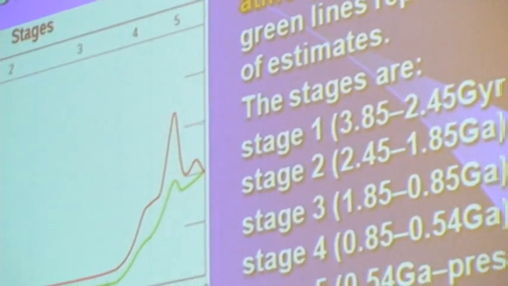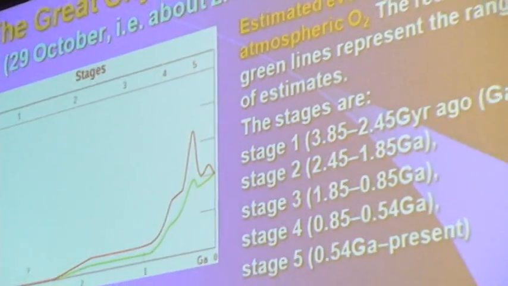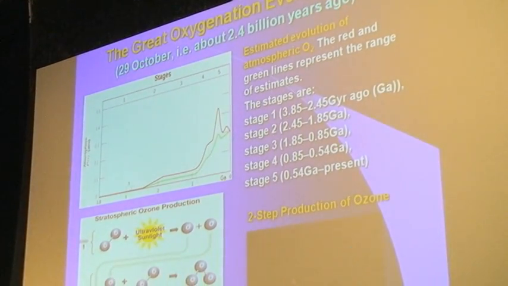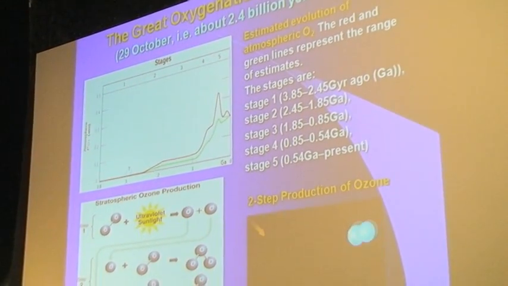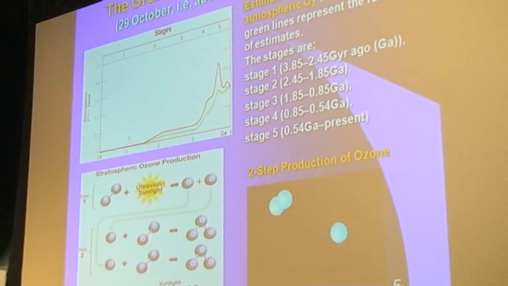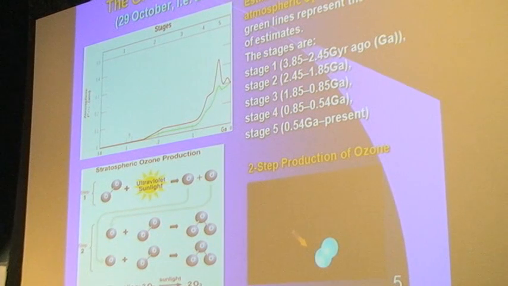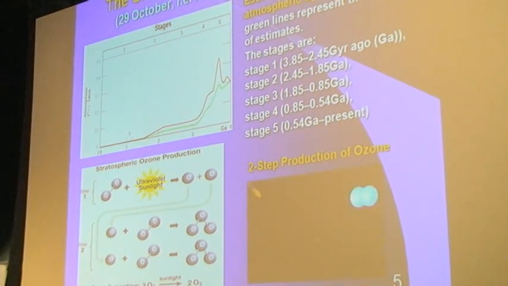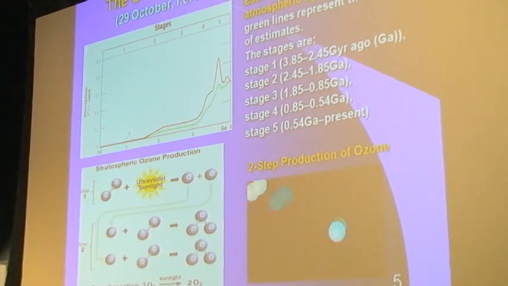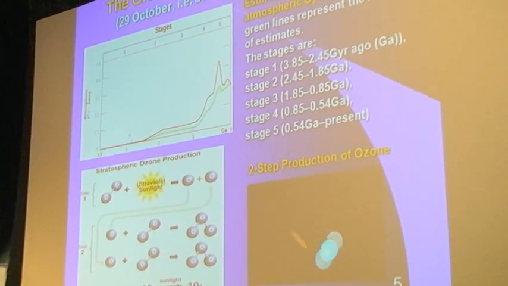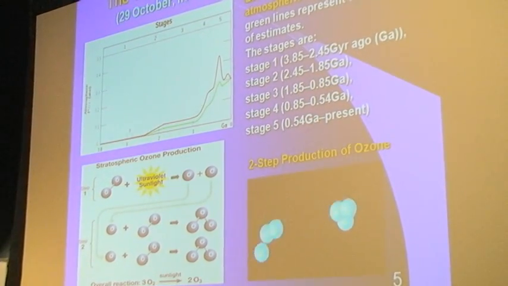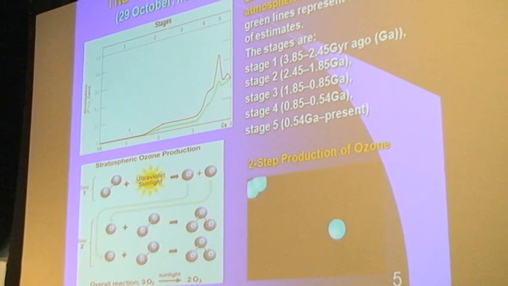Oxygen, as we all know, has two atoms, and whenever a molecule of oxygen is hit by ultraviolet rays, it splits into two atomic oxygens, which are freed. Then this atomic oxygen combines with another molecule of oxygen, and then you have O3, which is the ozone as we know it, the molecule of ozone.